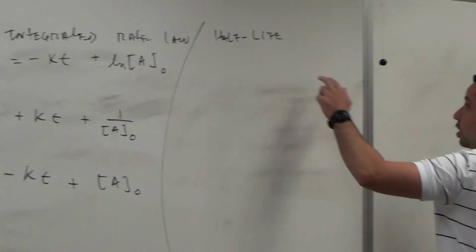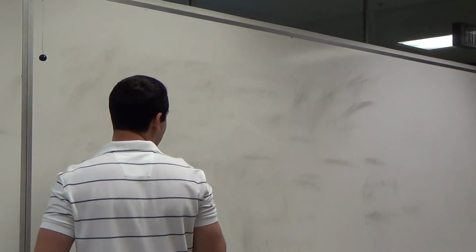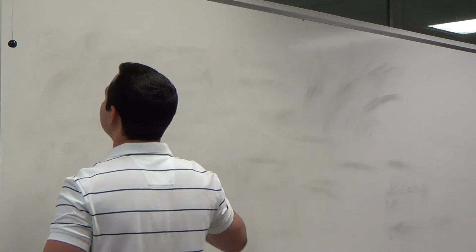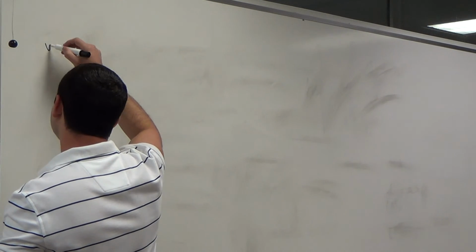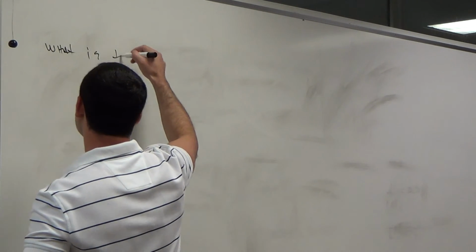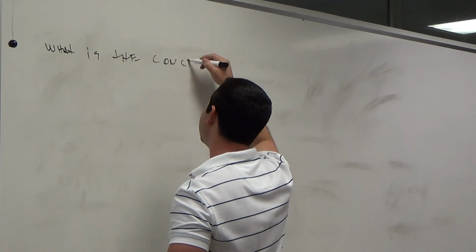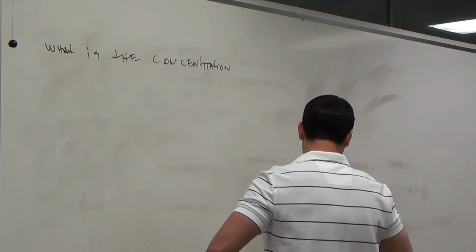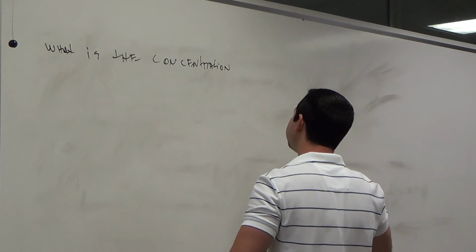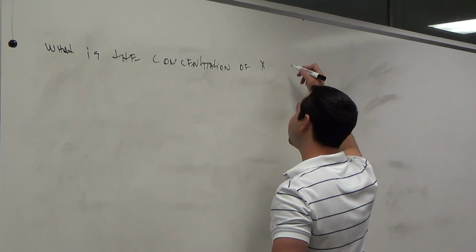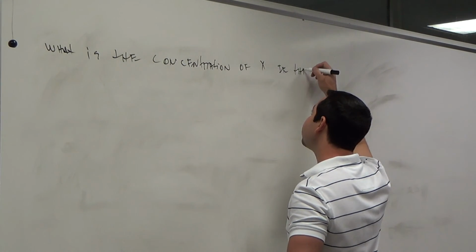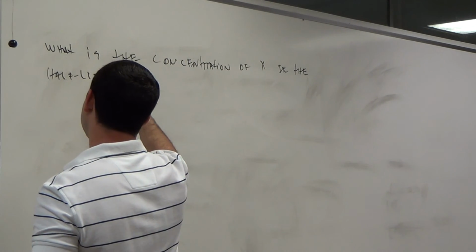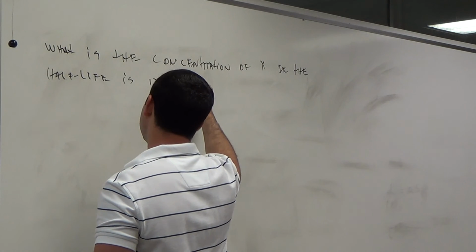So there are equations for this half-life too. Okay, let's do this. What time is this class over? 9:40. We got 25 minutes. Let's say, what is the concentration of X if the half-life is 12 hours?